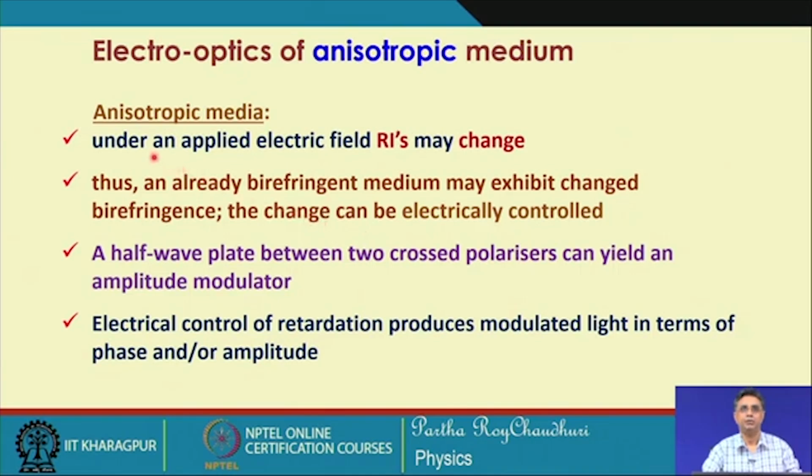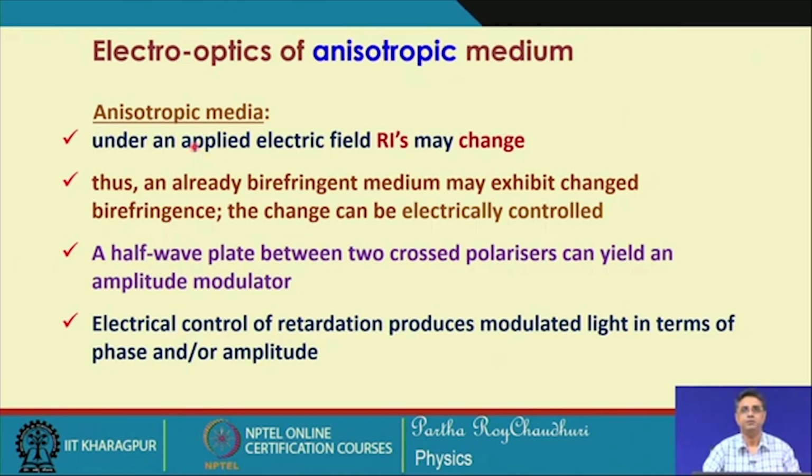So, for anisotropic medium under an applied external electric field, the refractive indices may change. It may change the length of the semi axis of the ellipsoid, or it can distort the ellipsoid in terms of rotation. So, we have to look for the principal axis system again under the action of the electric field.